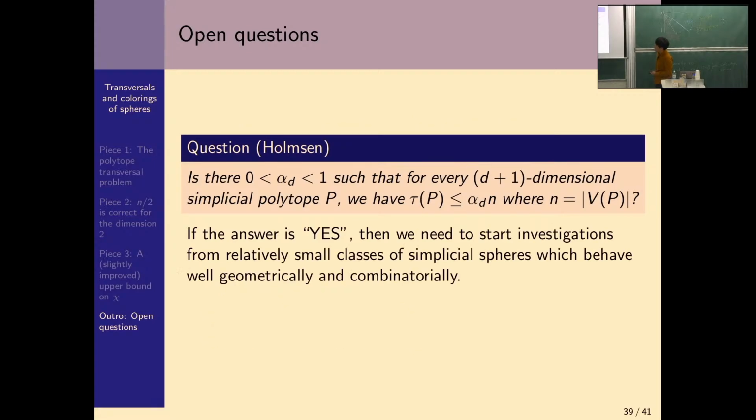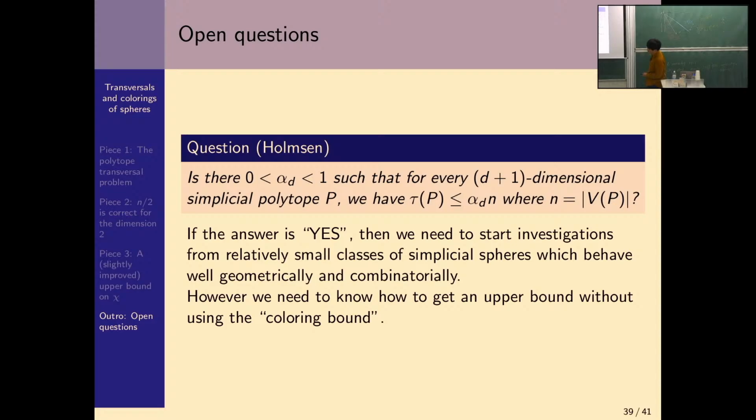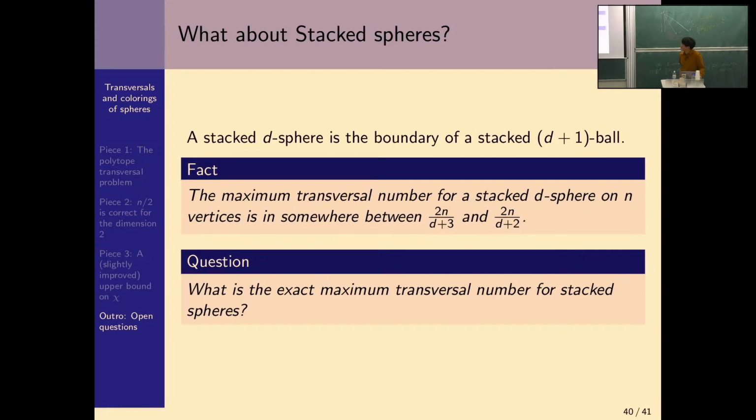But if the answer is yes, then we need to start the investigation from relatively small classes. All the upper bound arguments that we have obtained before just use the coloring bound, and we don't know anything more than that. So I want to have another argument, getting the transversal number for simpler cases, including this one.